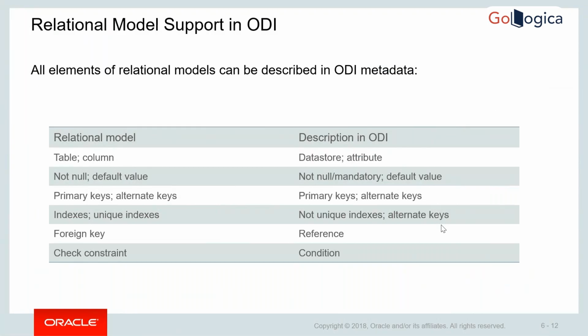The foreign key we call in ODI a reference key. And a constraint in the database we call here a condition. Whenever you do the reverse engineering, all these things get created in my model.